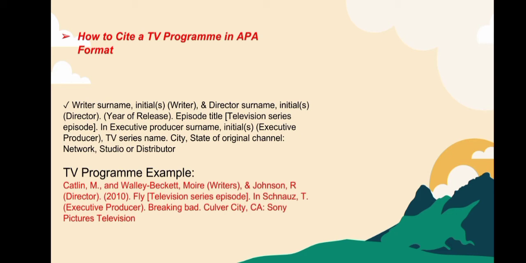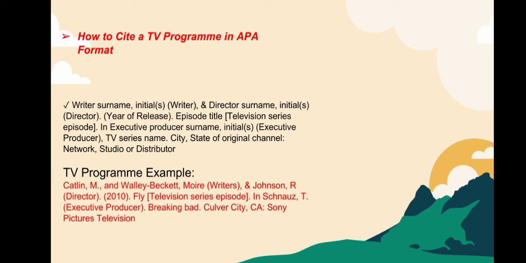We have the writer's surname, the initials, then the writer, and then the director's surname and initials, and the year of release, the episode title that we are going to be talking about, the executive producer's surname and the initials, the executive producers, the TV series name, the city, the state of original channel, network, and the studio or distributor.